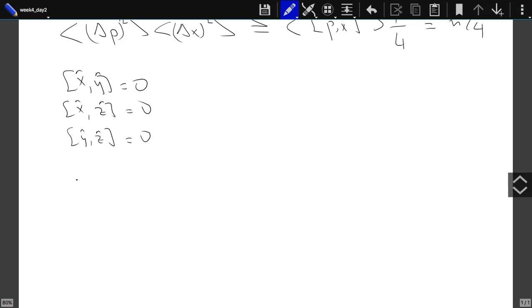Well, let's look at this. Let's take a state. Let's first translate it by delta x in the x direction and delta y in the y direction.